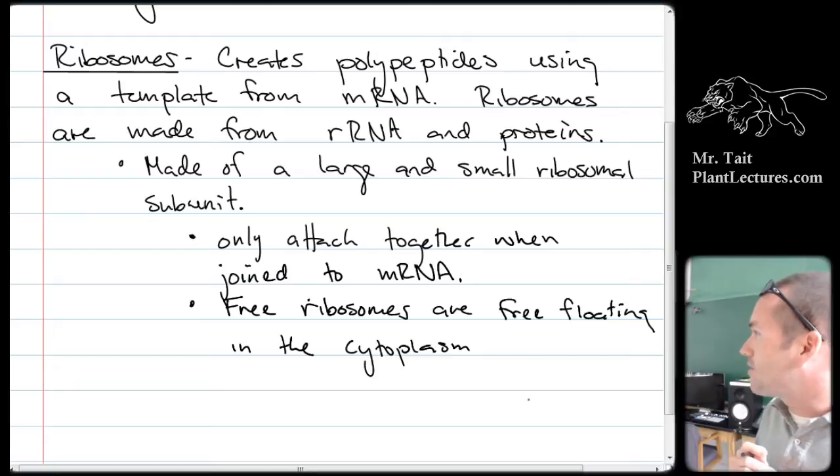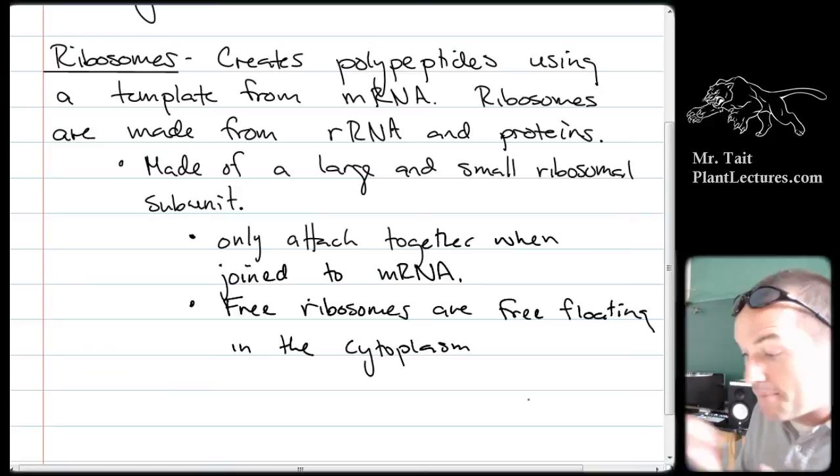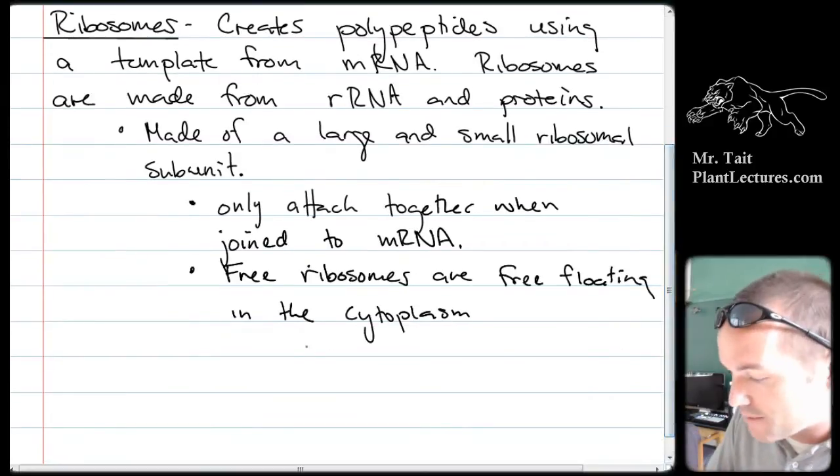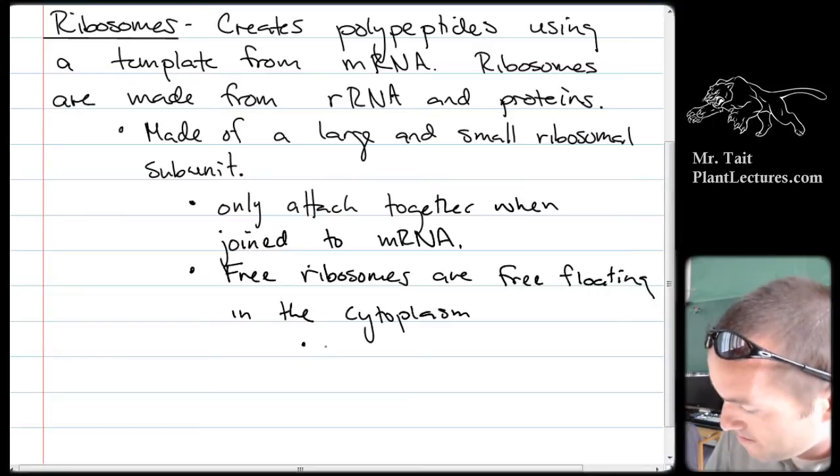Free ribosomes are free floating in the cytoplasm. And because they're free floating in the cytoplasm, we'd say that they're found in both prokaryotes and eukaryotes.